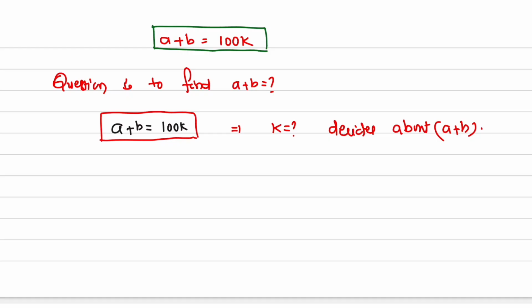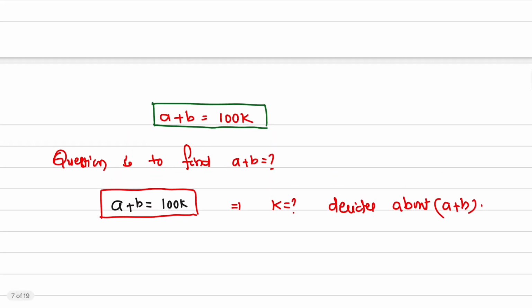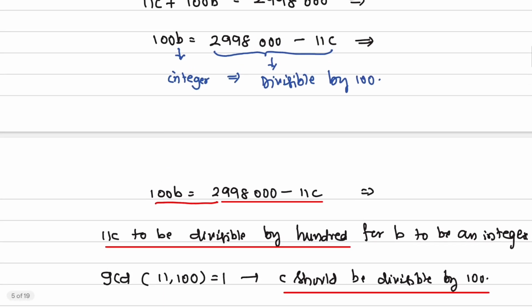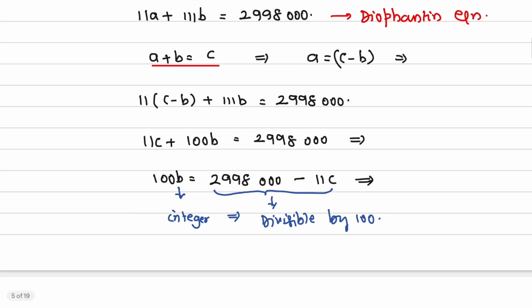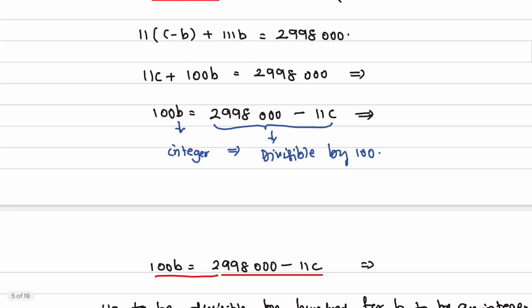Now, similarly, when you talk about B is equal to C minus A, what happens?